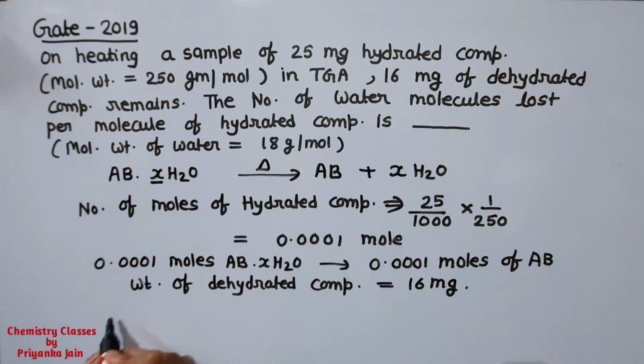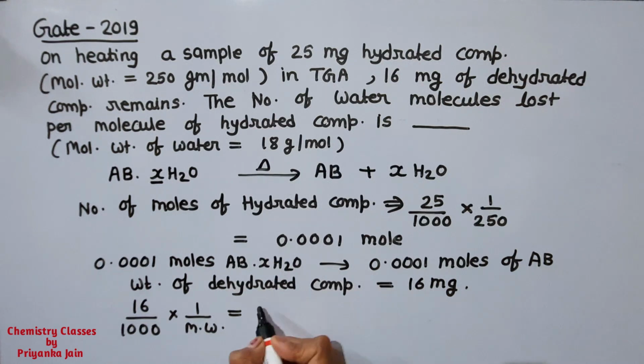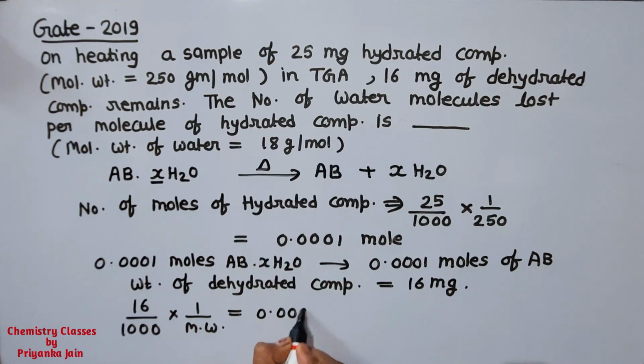So now we can write 16 divided by 1000 into 1 divided by its molecular weight, which will be equal to 0.0001.